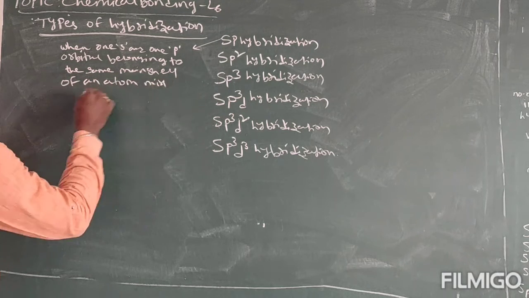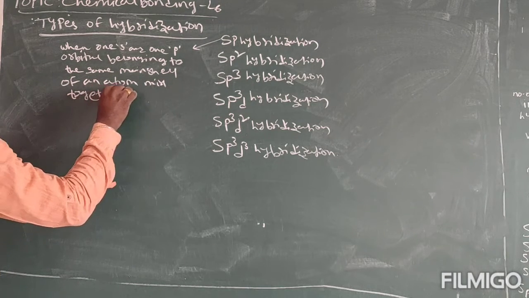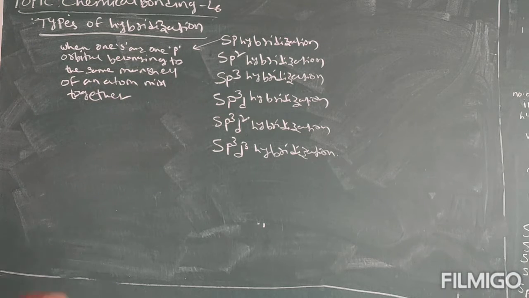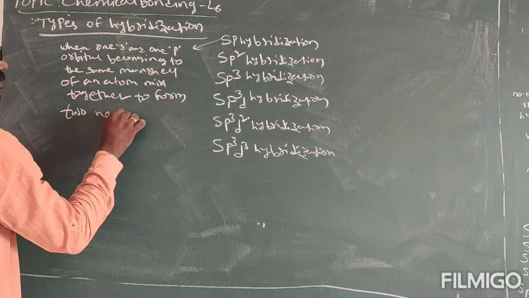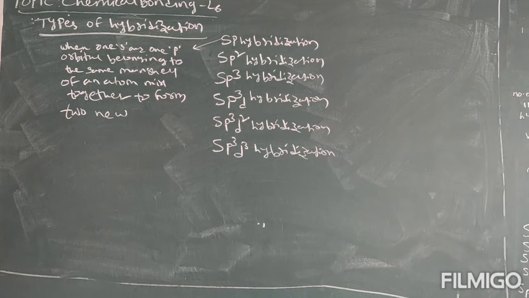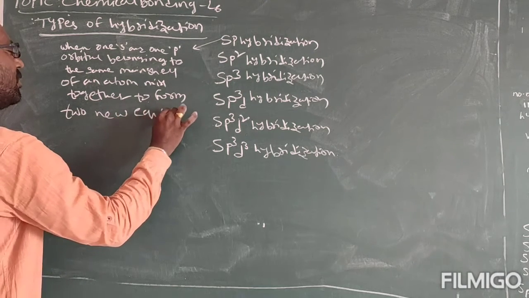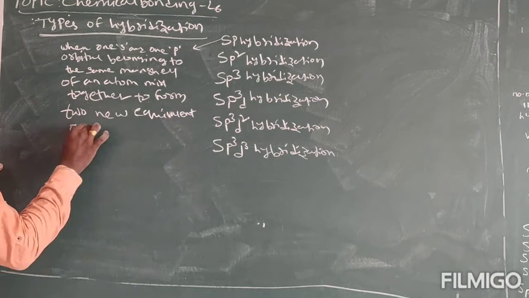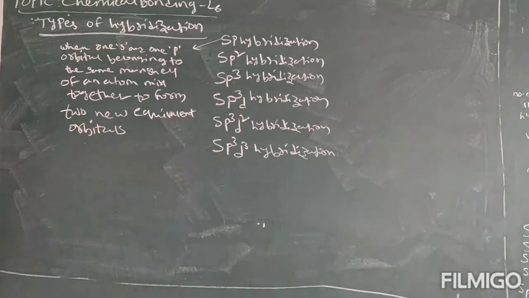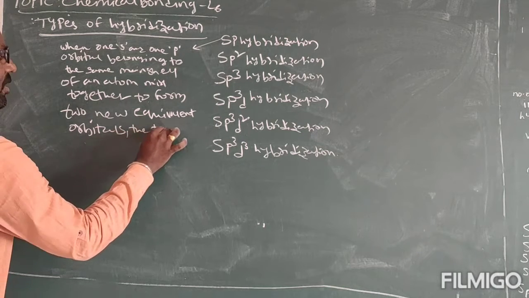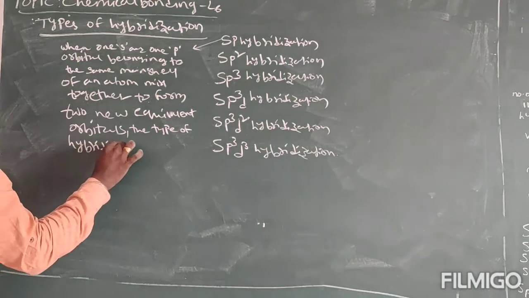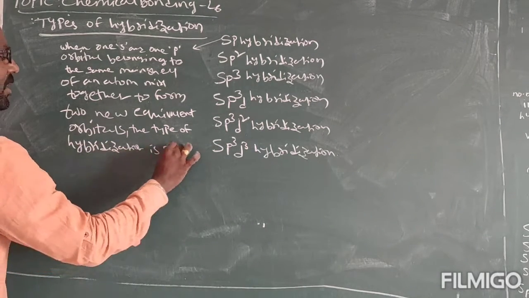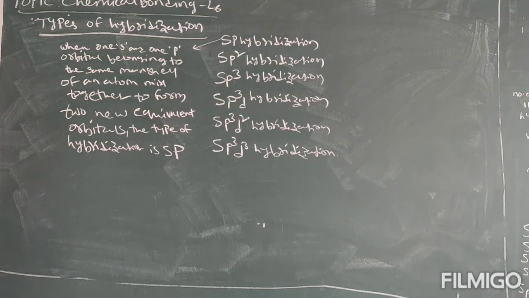mixed together to form two new equivalent orbitals, the type of hybridization is sp hybridization.